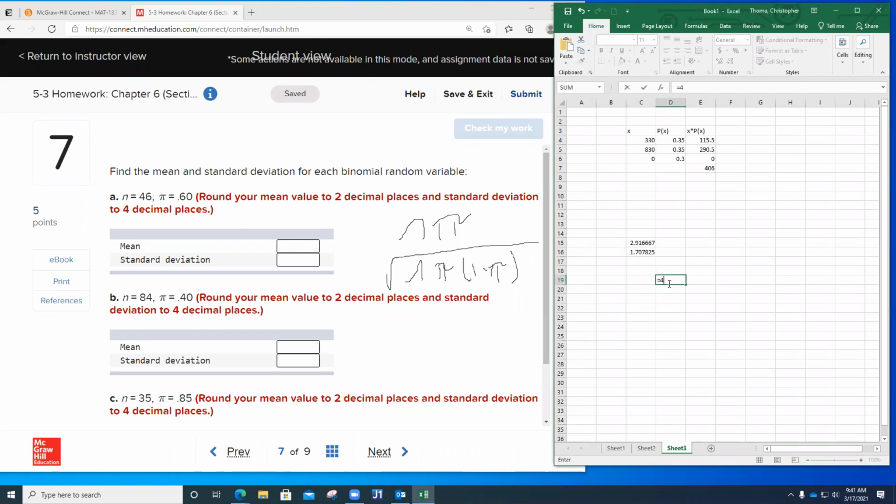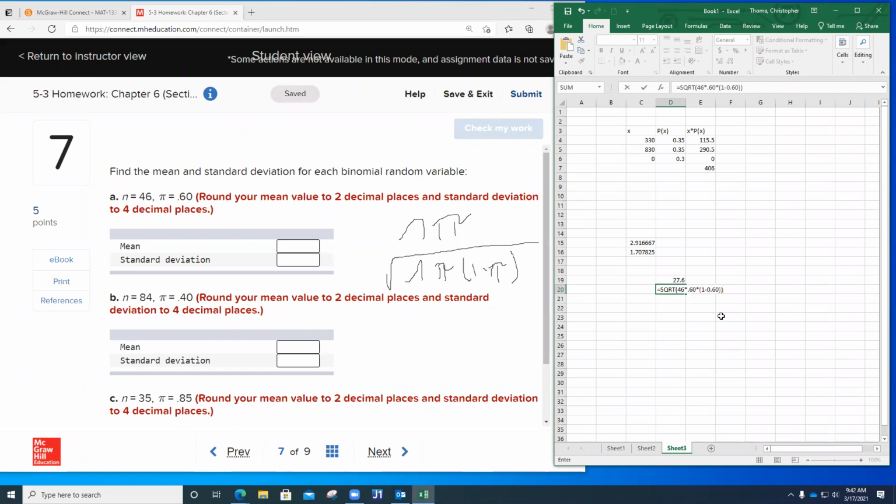So 46 times 0.6 is the mean, and then equals the square root of, again, 46 times 0.6, oops, parentheses, 1 minus, and you can simplify these steps down.